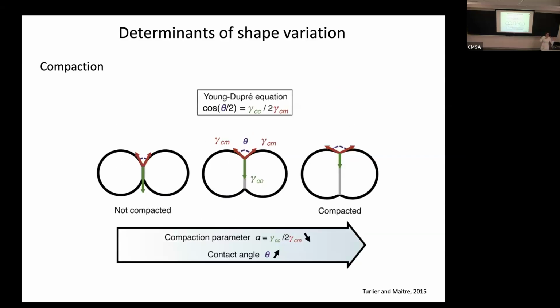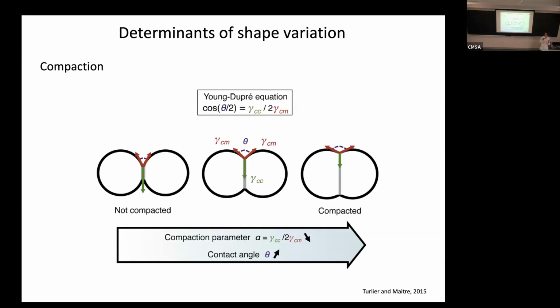There has been a really long history of different types of work trying to find a framework to describe and model these differences in compaction with relation to shape, but also with relation to cell sorting.